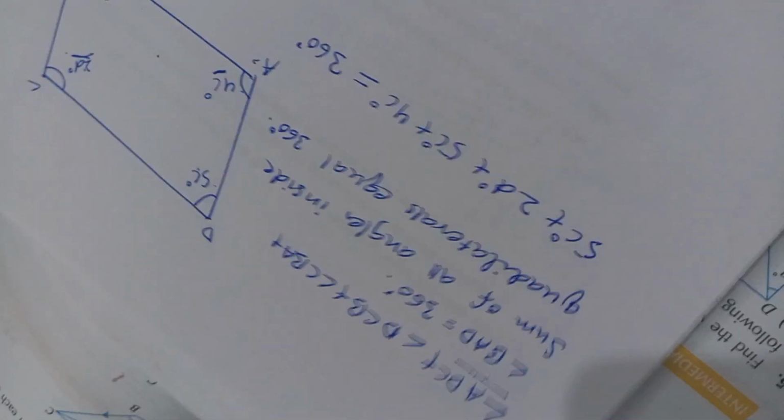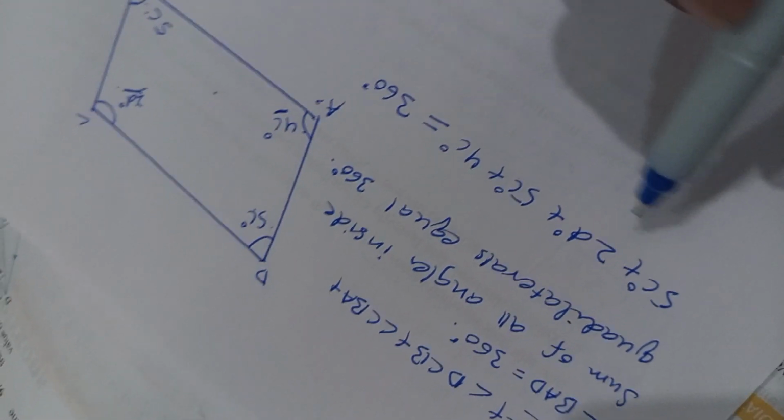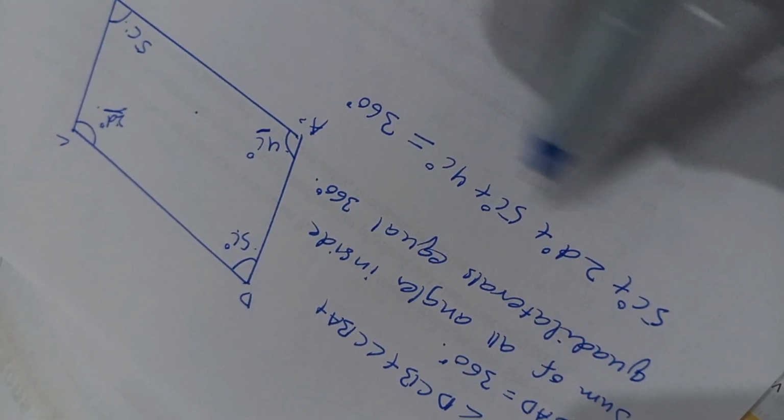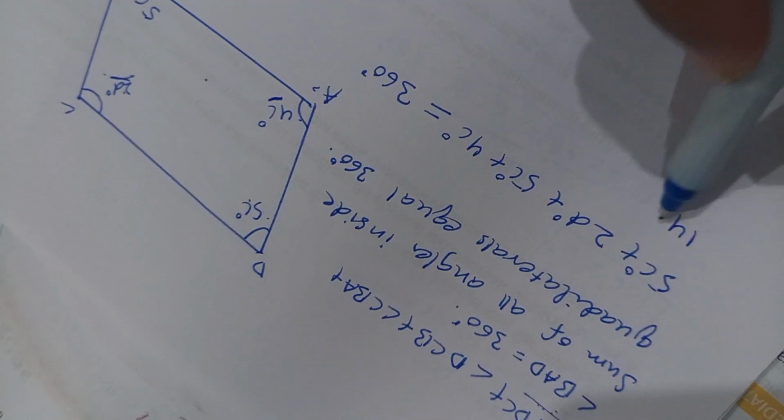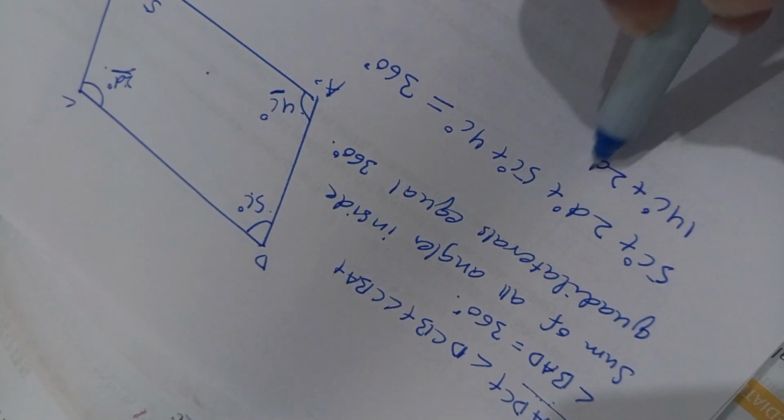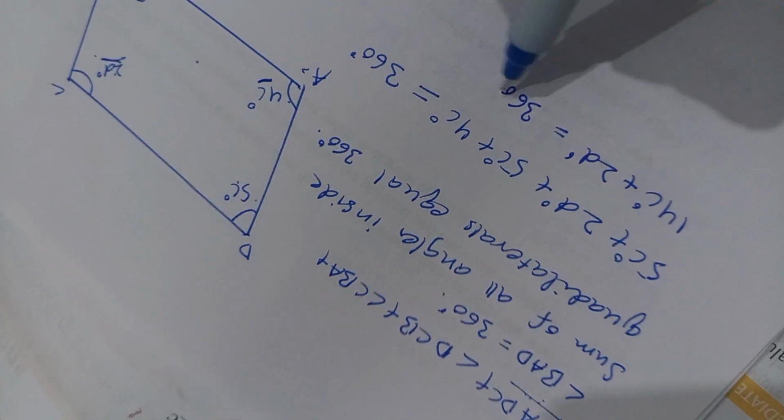Now moving on, next we'll add these values up. 5c plus 5c plus 4c equals 14c, and plus 2d degrees equals 360 degrees.